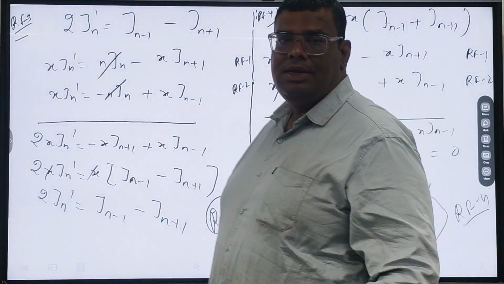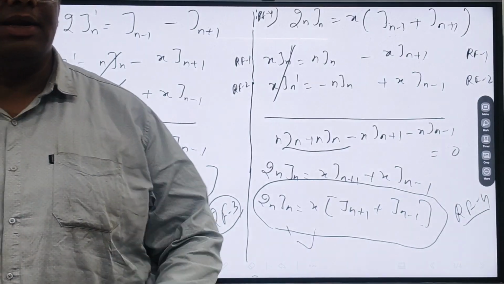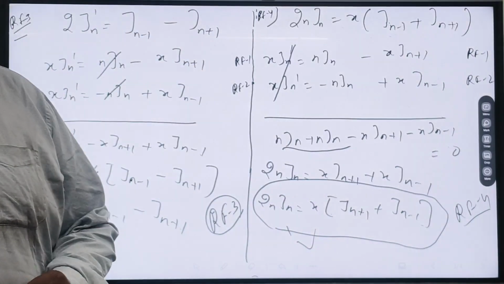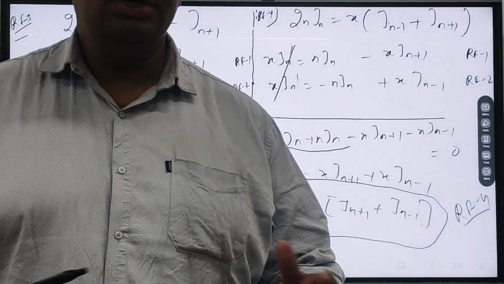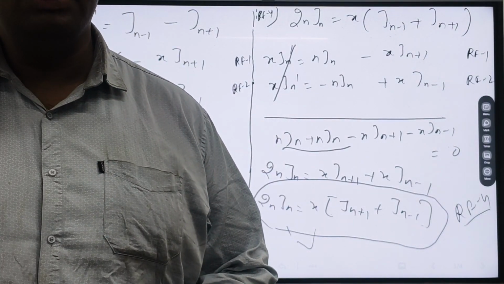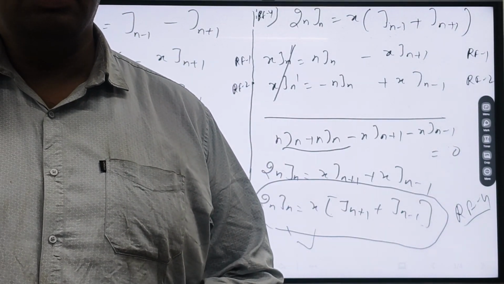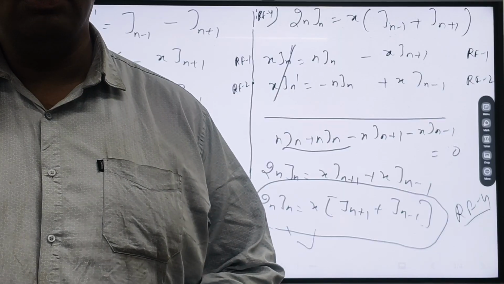So here we have derived RF3 and RF4 of the Bessel function. I hope you have learned recurrence formula number 3 and recurrence formula number 4 of the Bessel function from this video. Thank you friends, thank you very much.